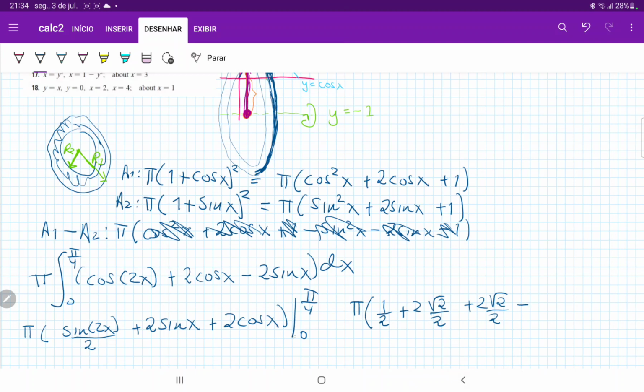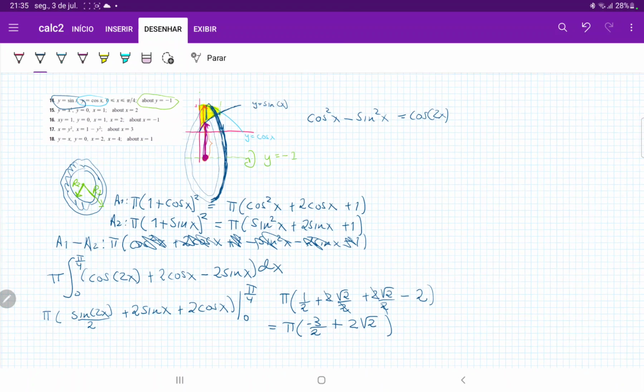So minus sine of 0 is just 0, minus 2 sine of 0, which is just 0. And then cosine of 0 is 1, so minus 2 times 1, minus 2. And when we simplify this out, we get pi times, 2 plus 1/2 is negative 3 over 2, and then plus, these cancel out, 2 square root of 2. And this is our answer for our volume.